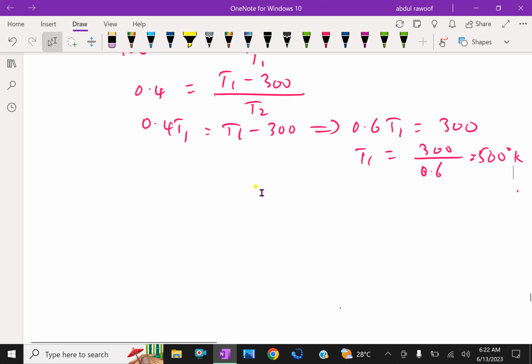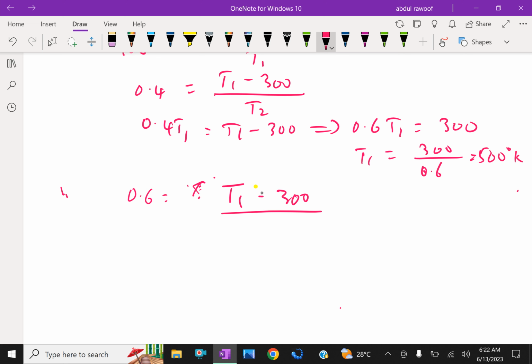Now, the new equation is 0.6 equal to (T1 minus 300) over T1.